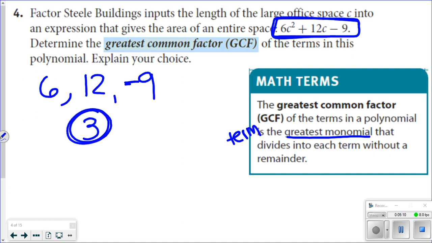Right? 3 goes into 6, 12, and 9 evenly or perfectly without a remainder. Okay, now if I'm looking at the variables, the letters, do they all share the same letter? No, because this is a c squared, this has a c, negative 9 has nothing, so it's just 3. They do not share any of the same variables here.